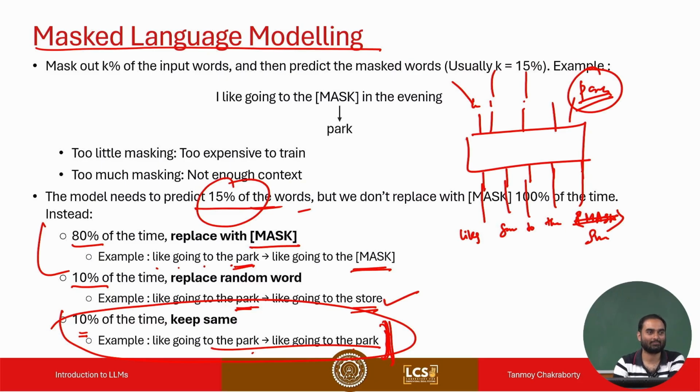If the model only learns how to predict mask tokens, or only learns how to predict the shuffled or replaced tokens, it may forget how it should remember the actual tokens. Therefore you are saying that look, it is good that you are learning new things, but you should not forget the original one.